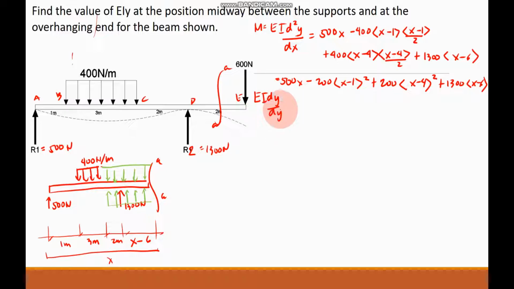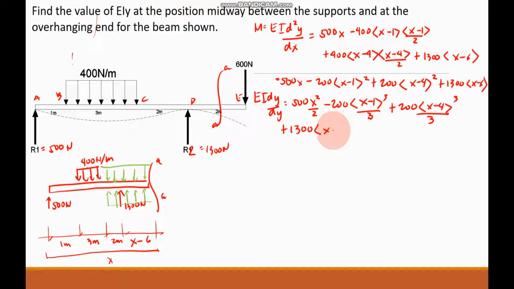So we have 500x squared all over 2 minus 200(x minus 1) raised to 3 all over 3 plus 200(x minus 4) raised to 3 all over 3, plus 1,300(x minus 6) squared all over 2 plus our constant C1.